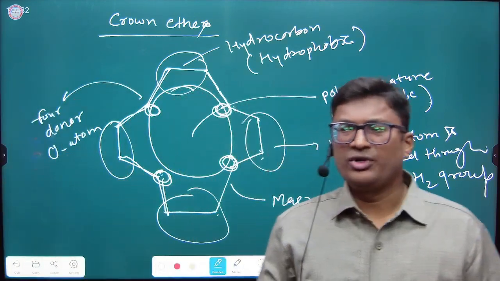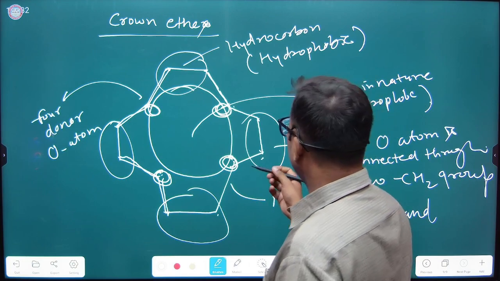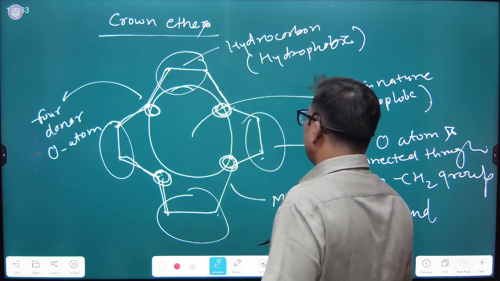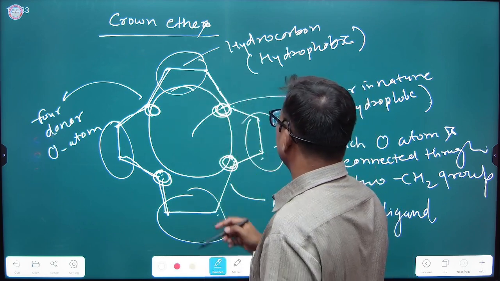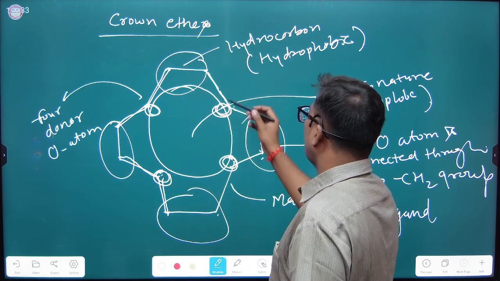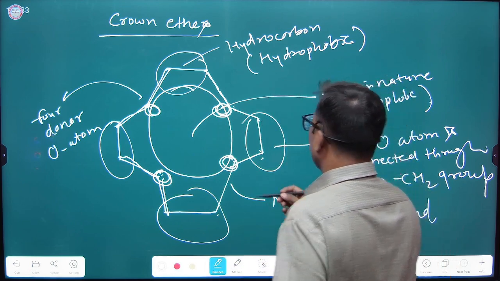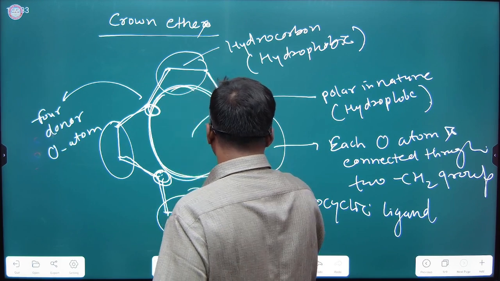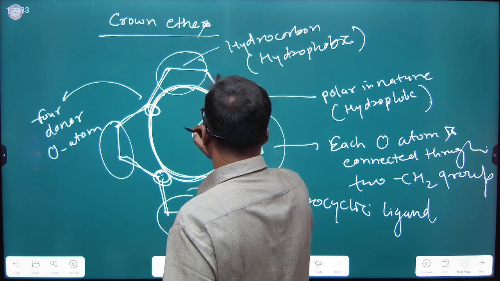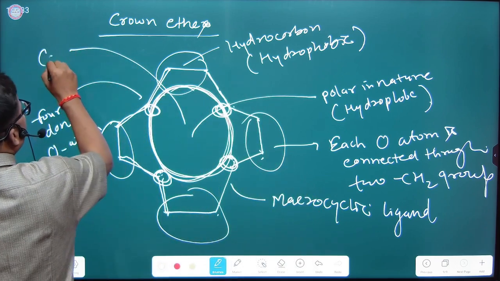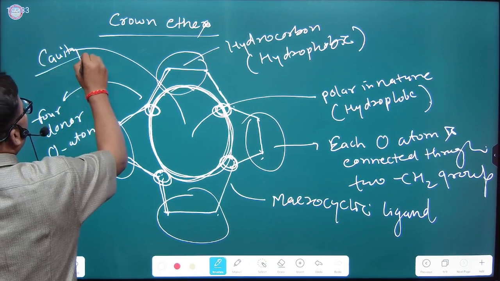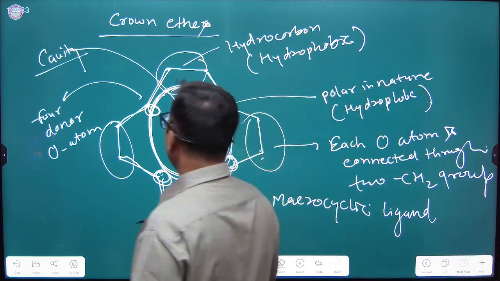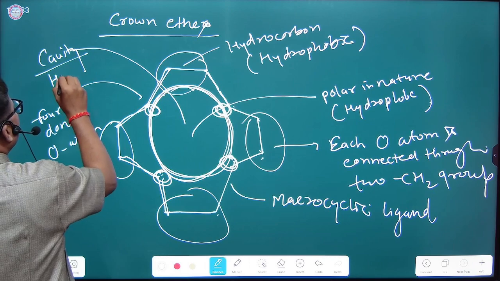In a clear sense, this is your cyclic ligand, which has 4 oxygen atoms, and the rest of the exterior part is hydrocarbons, right? So it forms a cavity-like structure, and this cavity acts as a host.